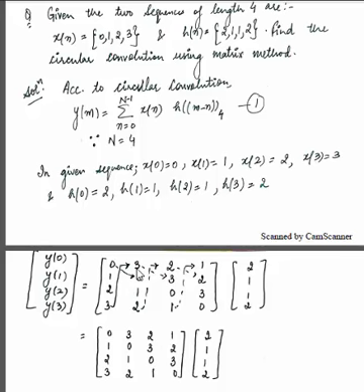After this last sample 3, the rest repeat as they are, that is 0, 1, 2. So in every column, you need to repeat the last sample of the previous column.